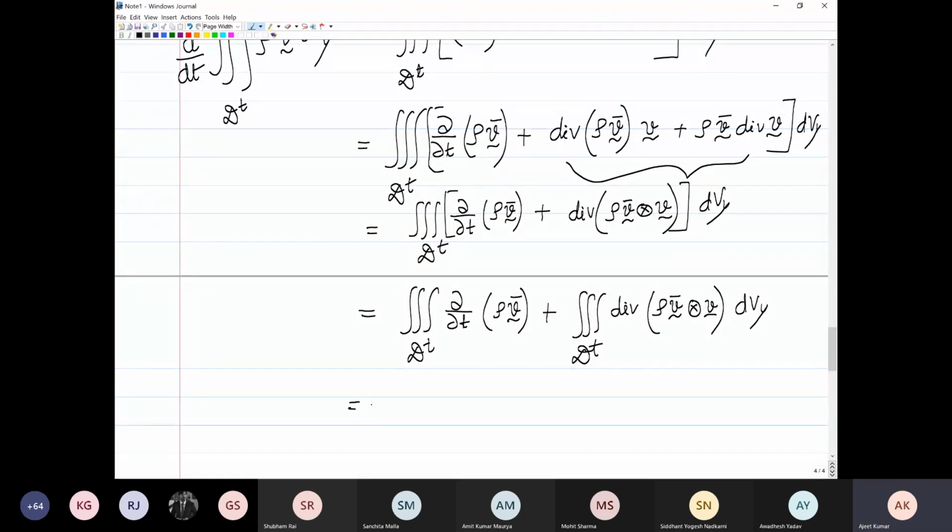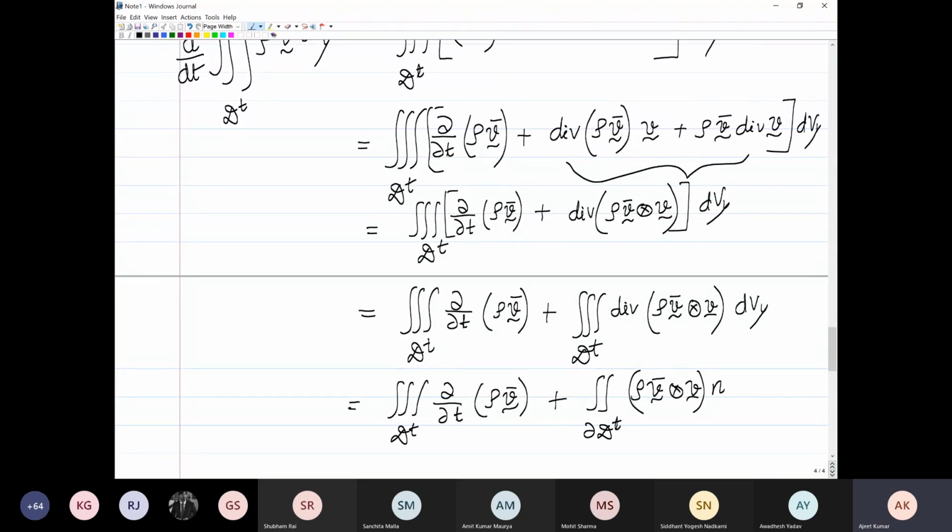And then you can see that this is going to become integration over dt del over del t of rho v plus, and then this volume integral over dt is going to convert to a surface integration over del of dt, and this is then going to become rho v tensor product v multiplied with normal n dvy.